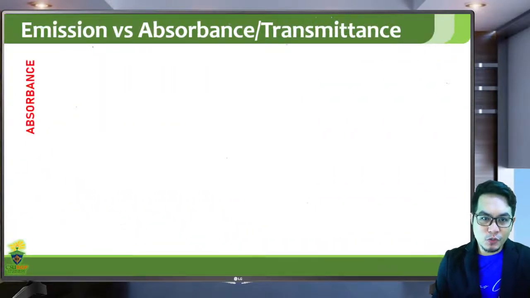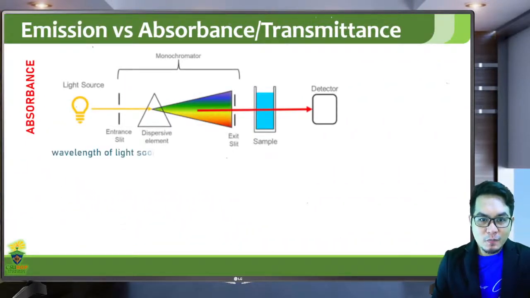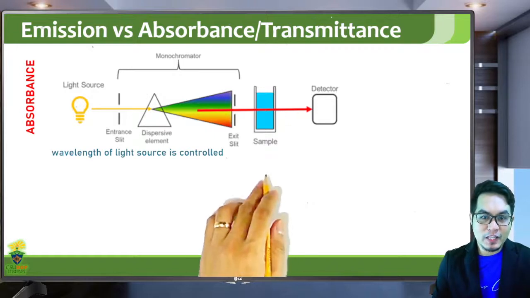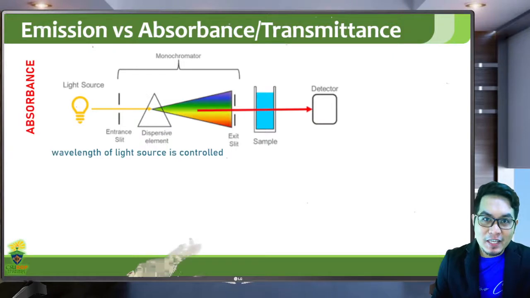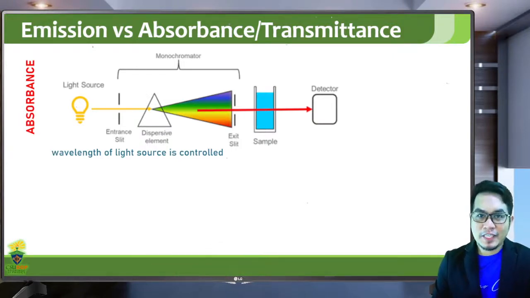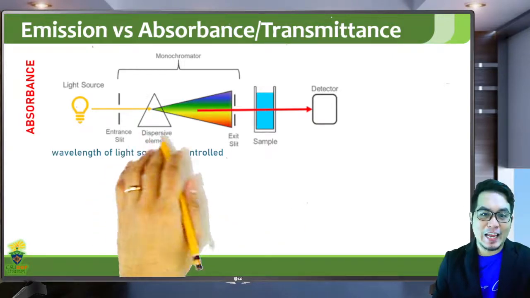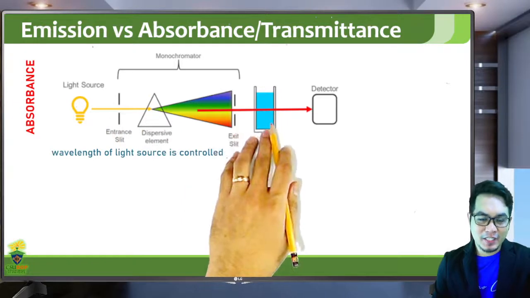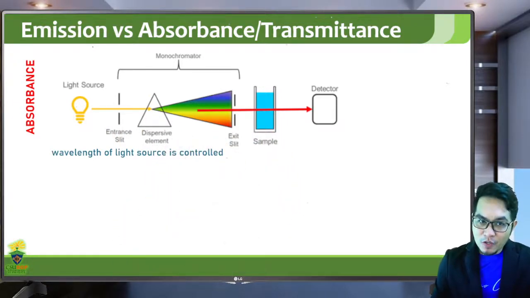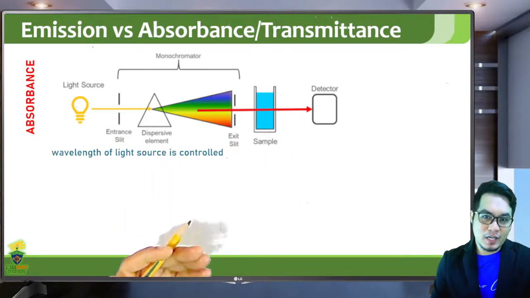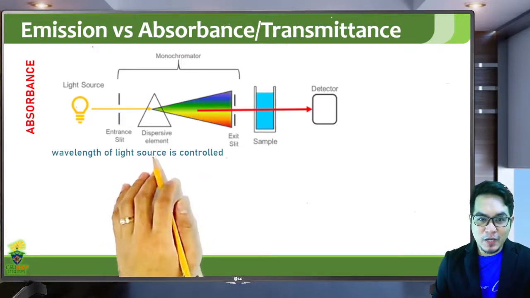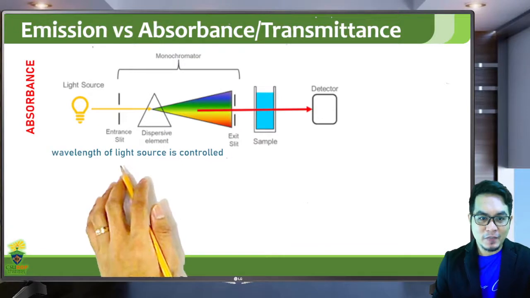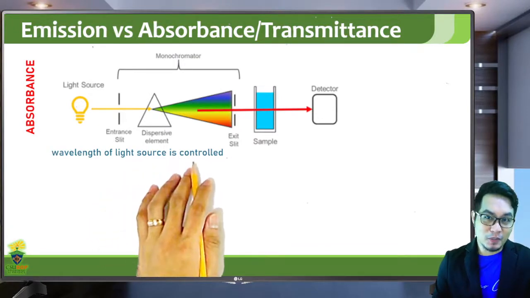As opposed to this, in absorbance, your sample is actually not self-luminous, or it's different from the light source. So you have a light source, it's separate, and your sample is here. In contrast to emission spectroscopy, in absorbance or transmittance spectroscopy, the wavelength of light is actually controlled.